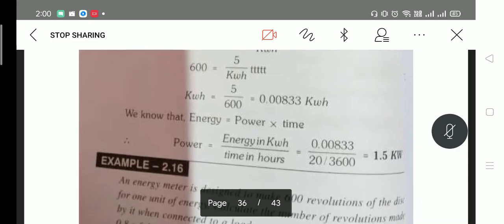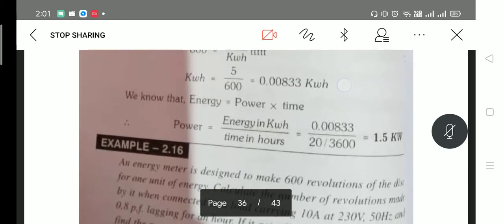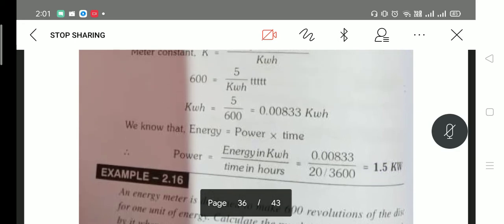The time should be in hours, so we convert the time in seconds to hours. 20 seconds will be in hours, that is 20 by 3600. So energy by time, we will get the power, that is 1.5 kilowatts, right? Is it clear?